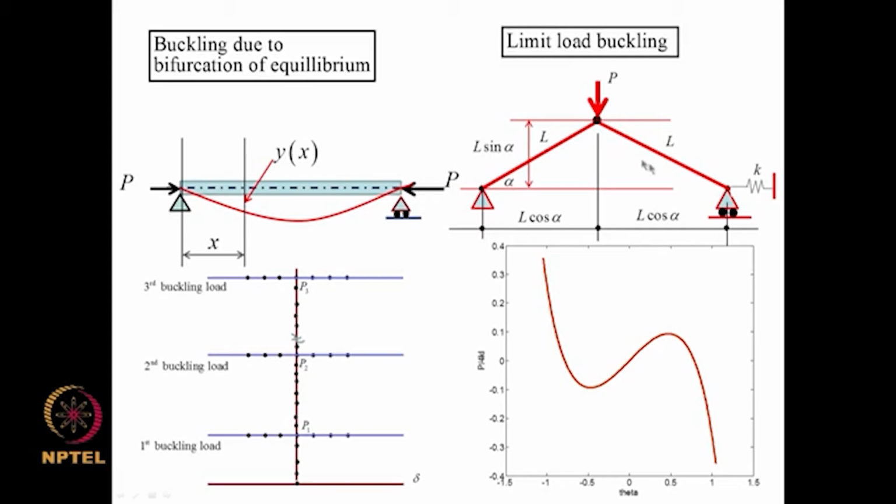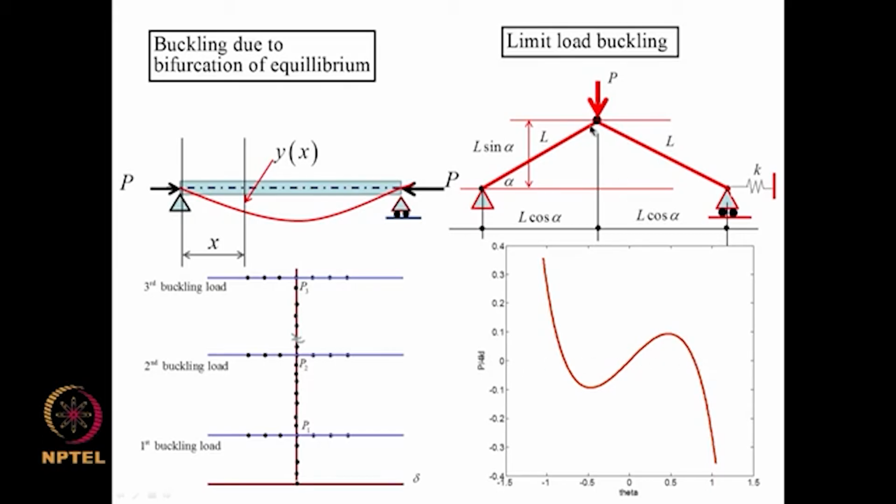In structures such as shell structures, behavior can be thought of as similar to this type of structure. Suppose there are two rigid links supported as shown here, and there is a load P, and we start loading this structure, that is at theta equal to 0, P equal to 0.